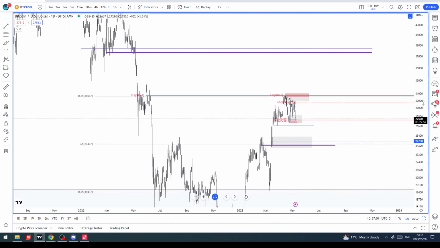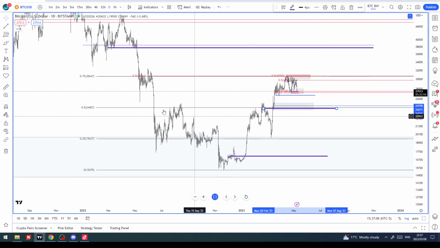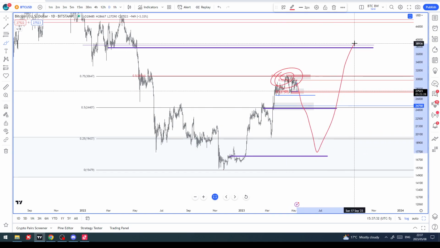Remember, my original ideas were, if this is the start of the delivery and this is around here, which is about 38K, right? It means we are only at 75% of the way, which means this could do that. We don't know. Nobody knows. This could be even the top here. We come down here to 16 and then we go up there.